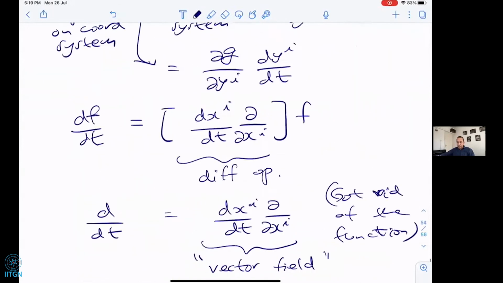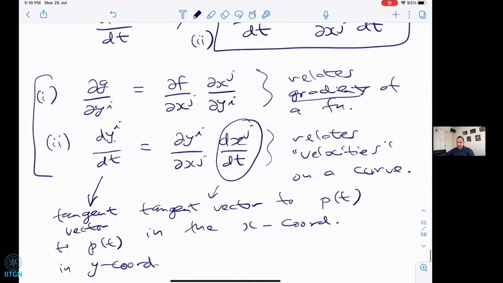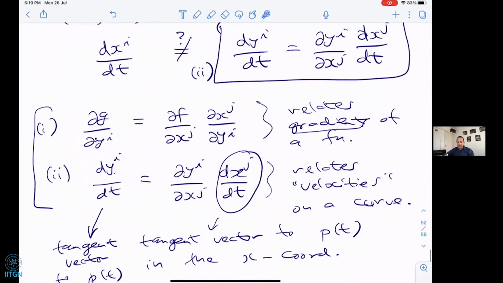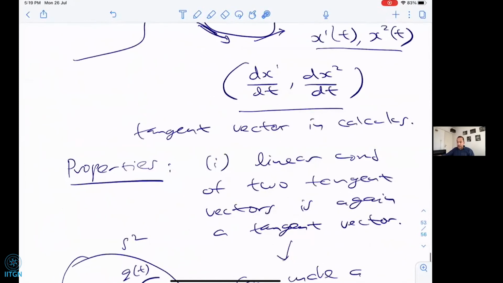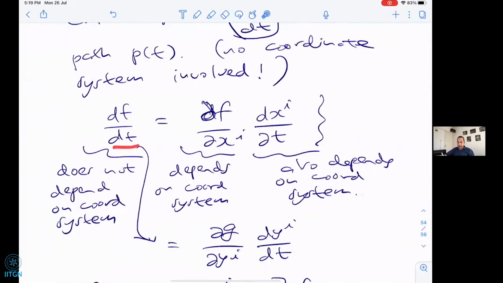So just to recap what we did, first we considered gradients with change of coordinates in this way. Then we considered velocities with change in this way. The problem was that gradients require use of a function, g or f, and velocities require use of a parameter, t. Then we noticed that the derivative of a function with respect to t, which involves both these quantities, the function and t, can be written in this way.